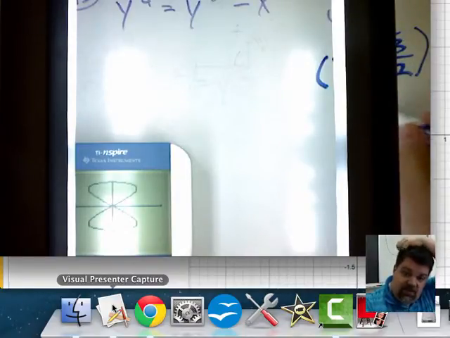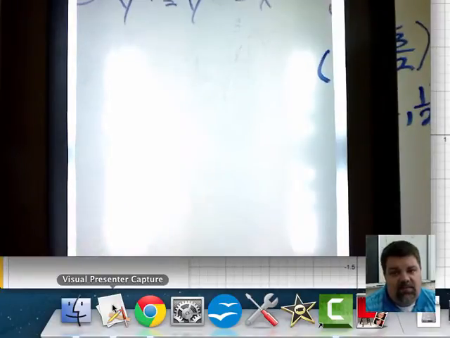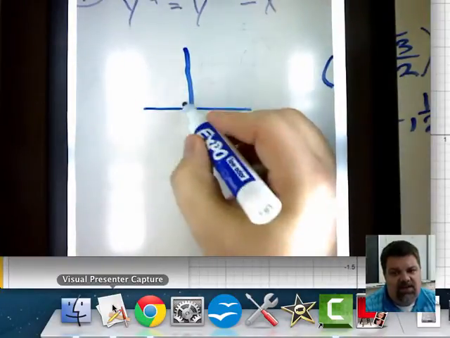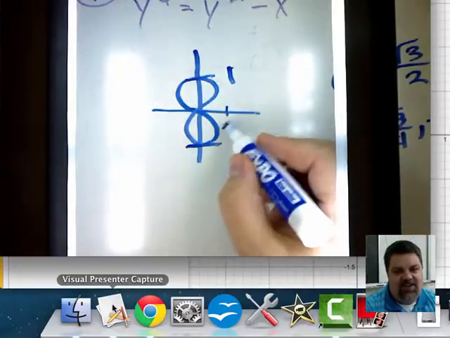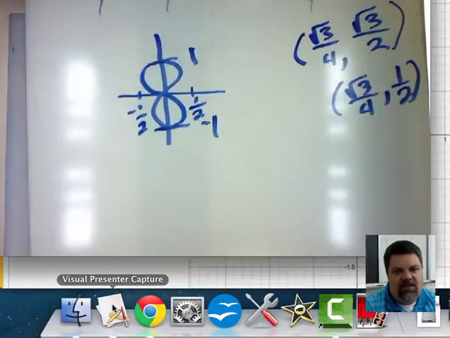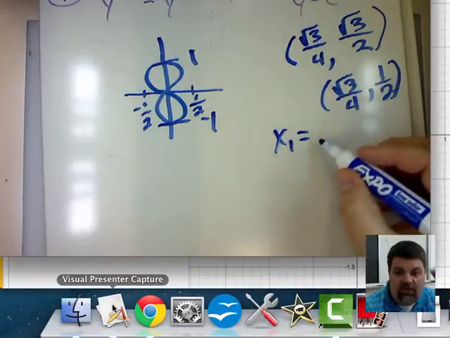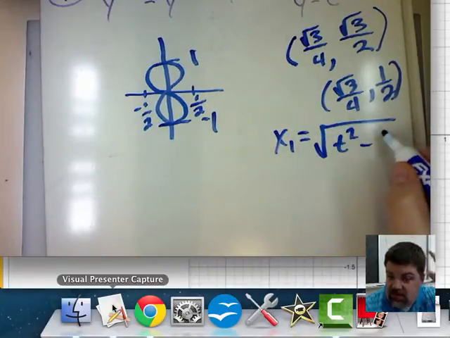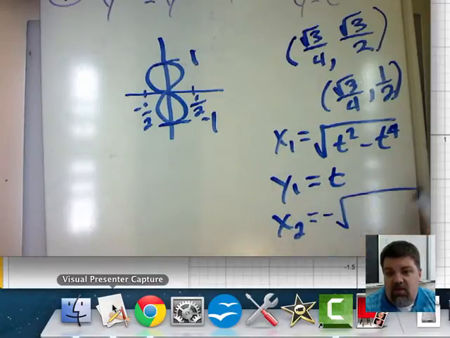But I always like to look at the graph, and they give us 2 points that we're supposed to plug in. And let me write these down real quick, and then I'll move the lights out of the way so you can see them. It's kind of hard to see with the graphing calculator in the way. And so we're going to have to figure out the slope of the tangent at root 3 over 4 comma root 3 over 2, and then at another point root 3 over 4 comma 1/2.